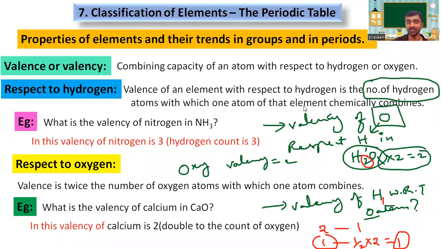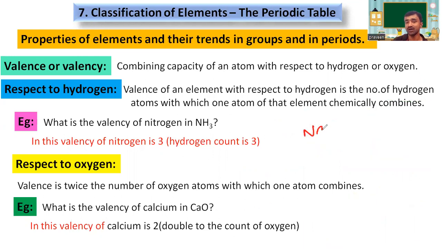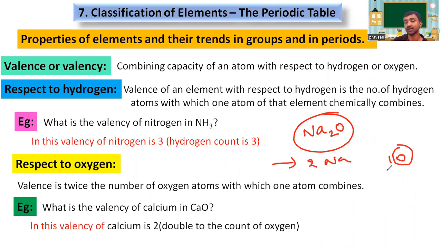You can follow a similar logic to find the valency of sodium with respect to oxygen, in the formula Na2O. 2 sodium atoms, 1 oxygen. What about 1 sodium with respect to oxygen?